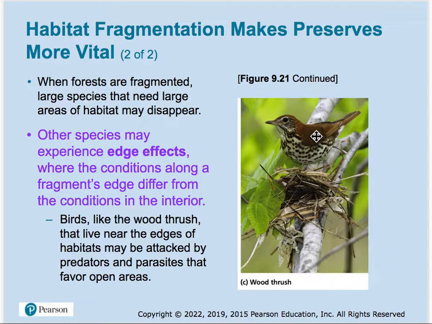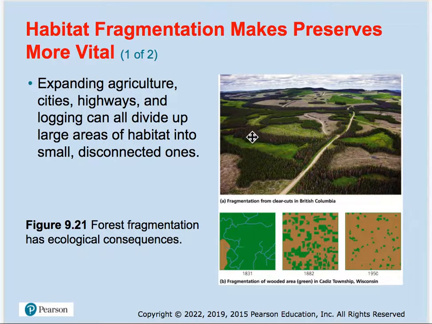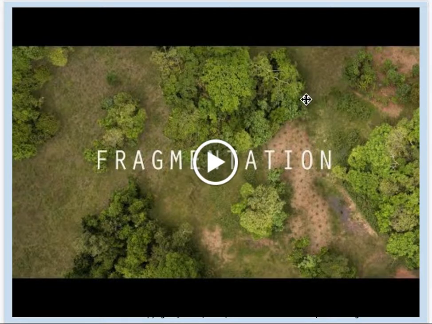The bird here, if it has a nest that's vulnerable to predators, it wants to be on the inside of the forest, not living on the outside. But in this kind of forest, everything is the outside of the forest. So it's important to have places that are intact. And the last video that I recommend is from HHMI, and it's called Seed Dispersal and Forest Fragmentation.